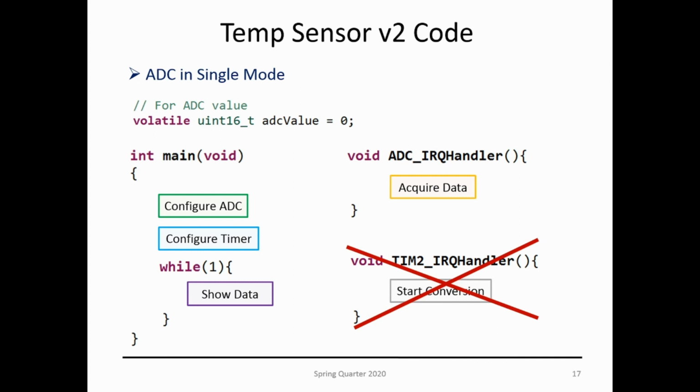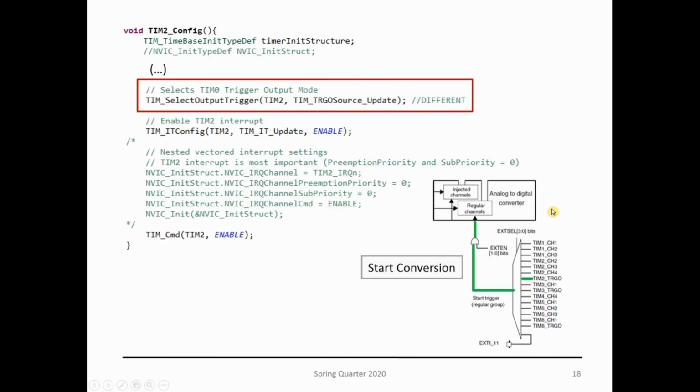So let's look at the code. Now that I'm using the trigger source, I no longer need this interrupt handler, but the rest is exactly the same. The difference is that I need to go to my timer and comment everything related to the interrupt routine, probably even comment this one. We don't need to enable the interrupt routines, and I select the output trigger timer 2 to be the trigger source.